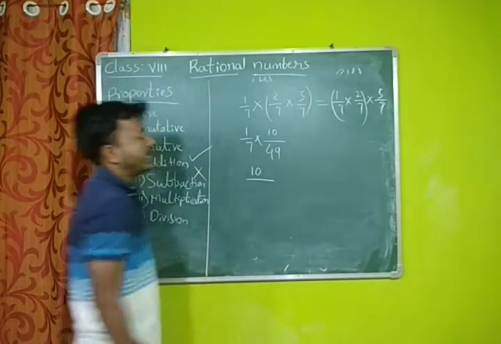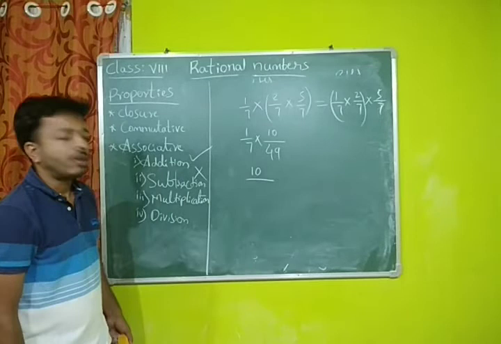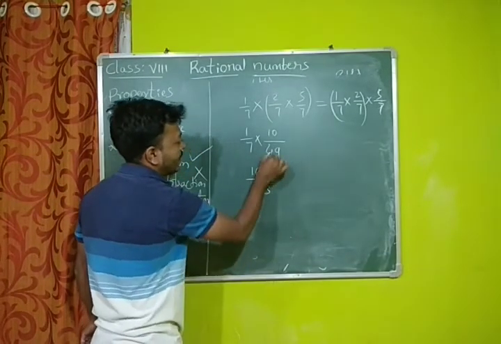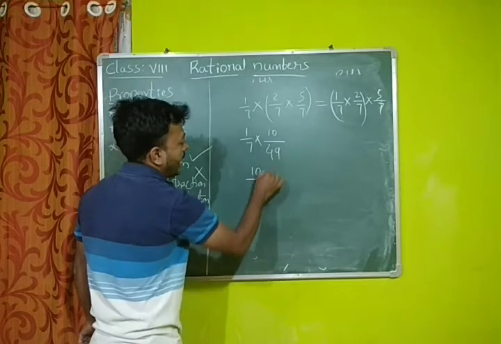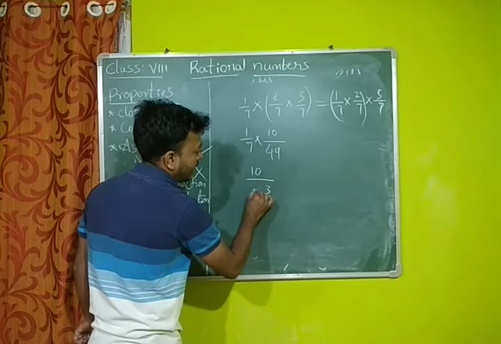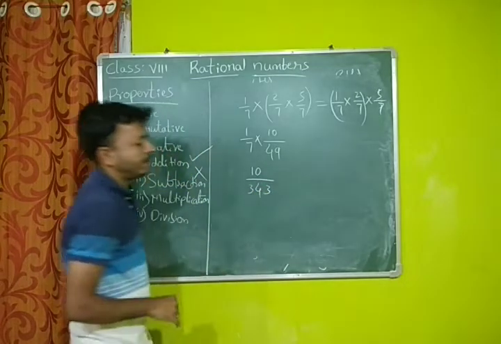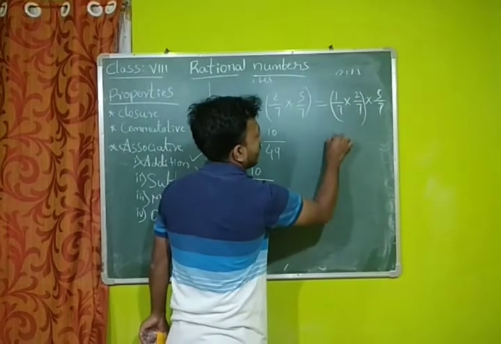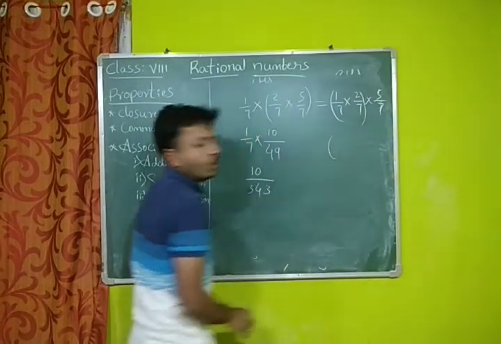Divided by 49 7s are how much? 49 7s are 343.